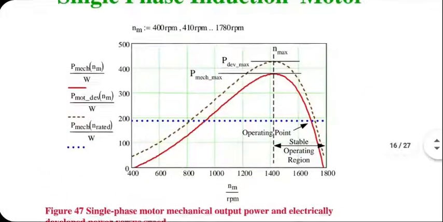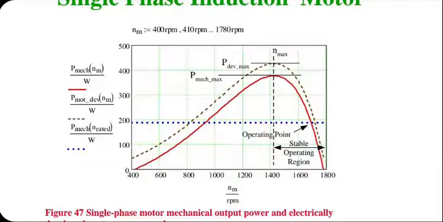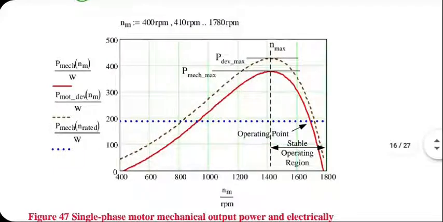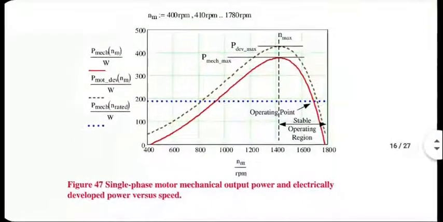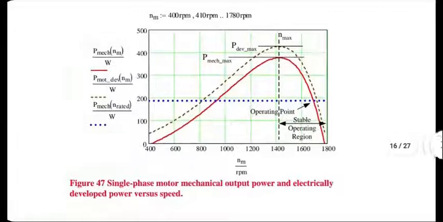This characteristic is very important. You will see that maximum power is produced at a certain motor speed. After that, the power falls very sharply. There is a mathematical proof for this also. The maximum torque or maximum power would occur at a certain optimal value of the rotor speed.